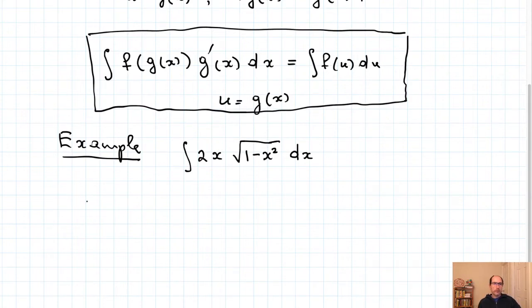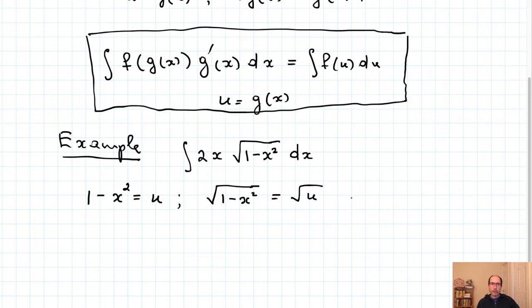So suppose we set 1 minus x squared equal to u. And the reason we may want to do that is that now, instead of the square root of 1 minus x squared, it will now look like the square root of u, and we can rewrite that even further as u to the power 1/2.